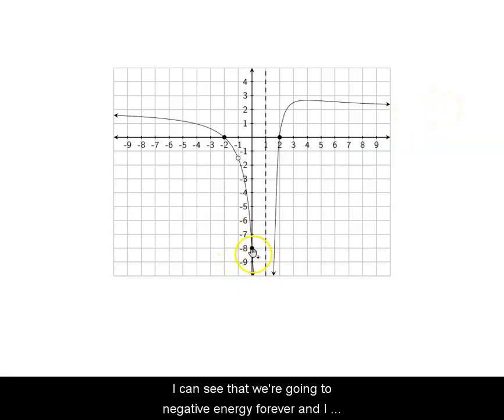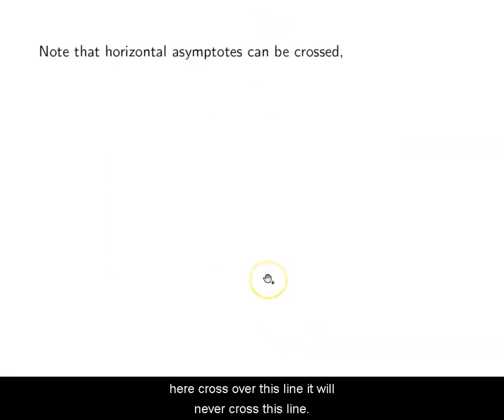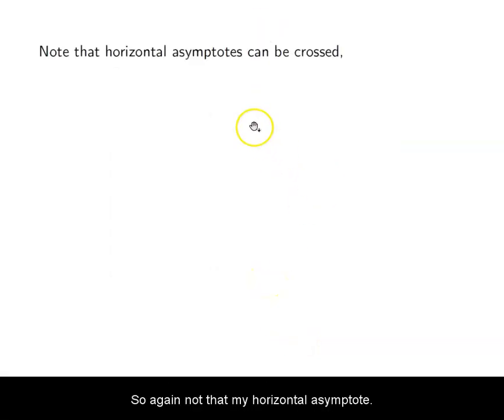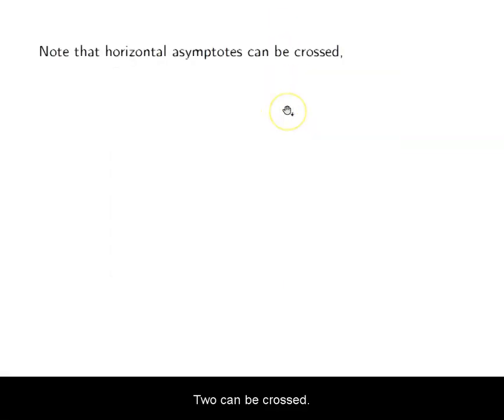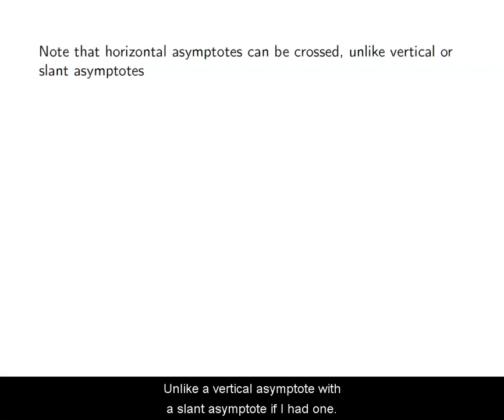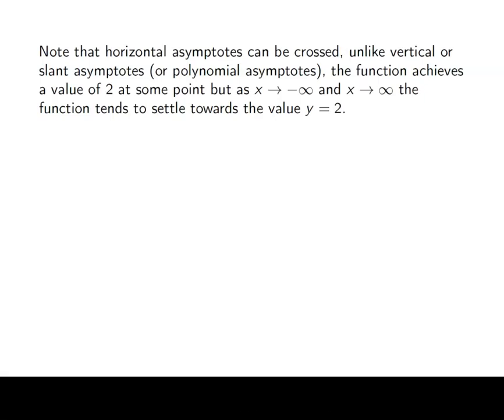Here you can see that we're going to negative infinity forever, and I will never cross this line. It will never cross this line, right? So again, note that my horizontal asymptote of 2 can be crossed, unlike a vertical asymptote or a slant asymptote, if I had one. It's very important, right, to understand that.